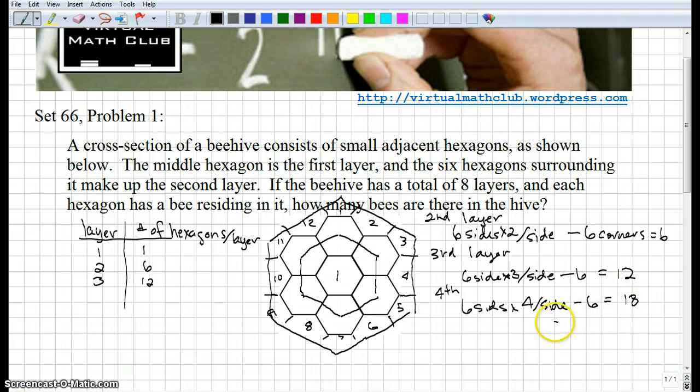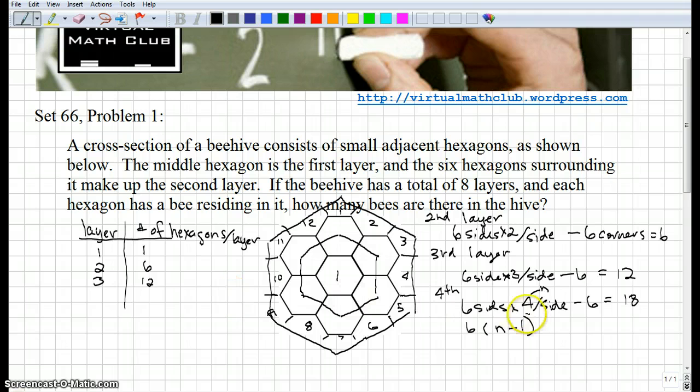So it's just another 6. You could also think of it as factoring out a 6. Because we have 6 sides and 6 corners, if we let the number of sides be n, then you've essentially got n minus 1 times 6 for each layer. That holds for all the layers except for the first layer, because if we just have one hexagon, and you put in 1 for that, you get 0 hexagons, but we actually do have 1.